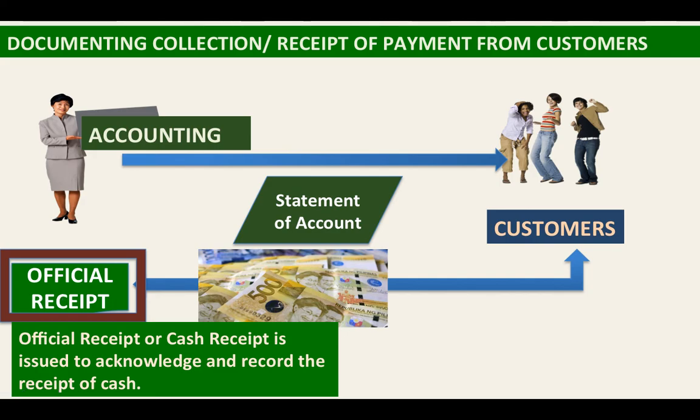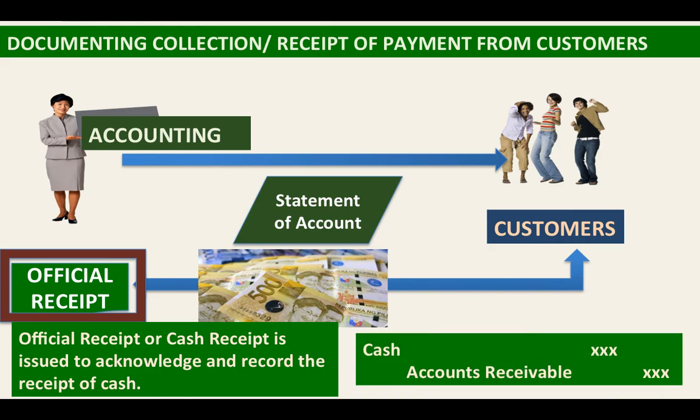Okay, so the official receipt, or you can call it cash receipt, is issued to acknowledge and record the receipt of cash. And the entry for the receipt of cash in this situation is we debit cash and credit accounts receivable. And the document that will be used for this transaction is the official receipt. Okay, class?